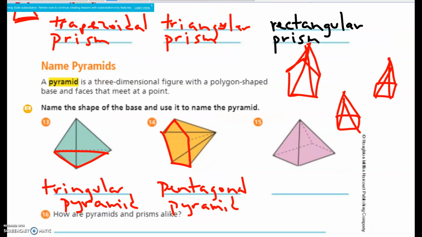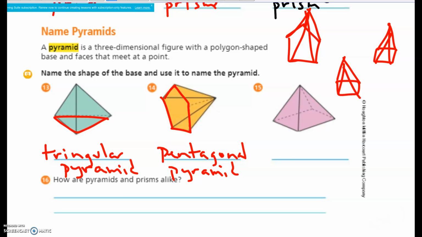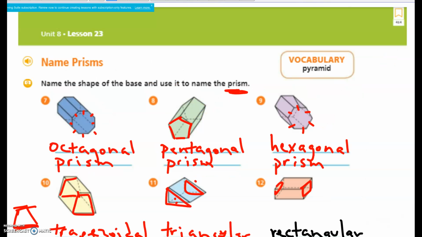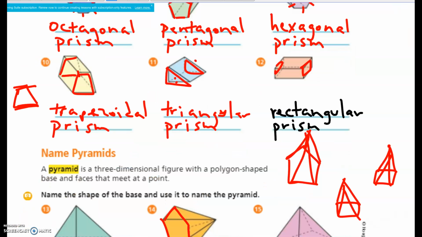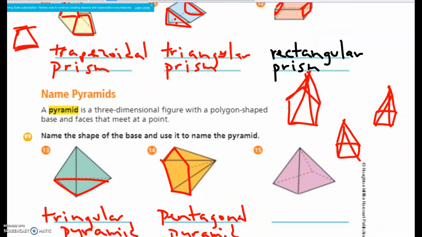They both are named for their base, but they're different in that the pyramid comes to a point, and the prism has a top that's the same as the base. We're going to stop today's lesson there. Just remember that a prism has the same bottom and top. The base and the top are the same. There's two of them. They're named by their base. And a pyramid comes to a point, also named by its base.